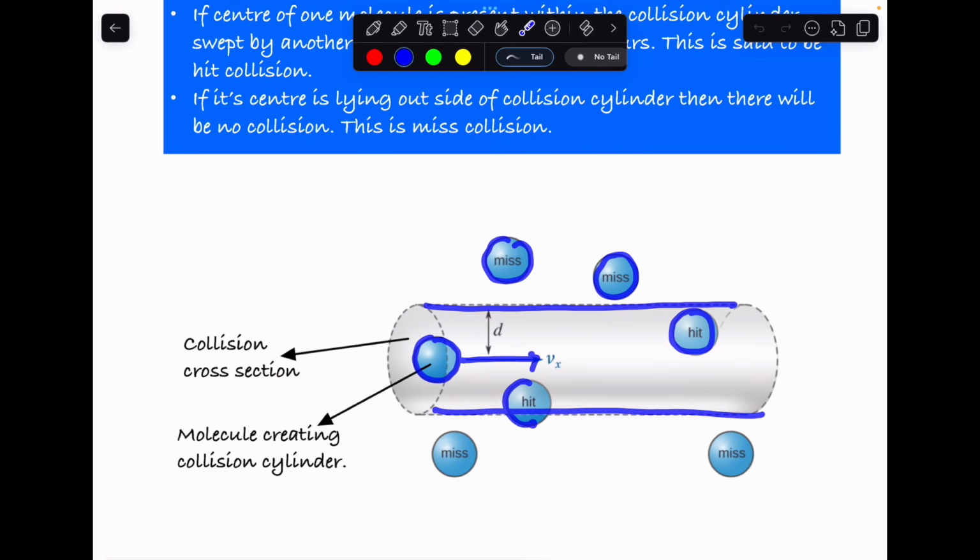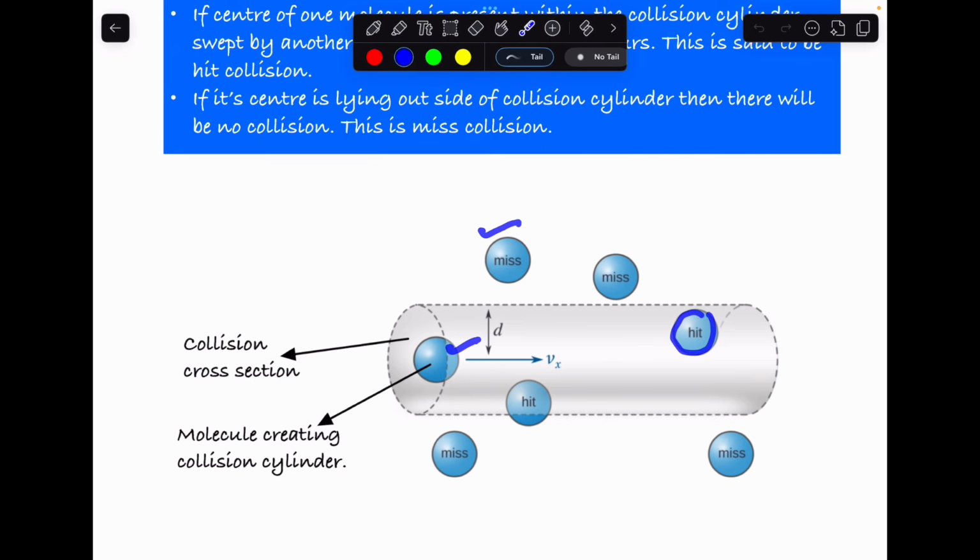If the center of a surrounding molecule is lying on the boundary of the collision cylinder or inside the collision cylinder, that particular gas molecule is going to perform a molecular collision with this. If the molecule is lying outside of that collision cylinder, it is going to miss the collision. And this is about hit and miss collisions.